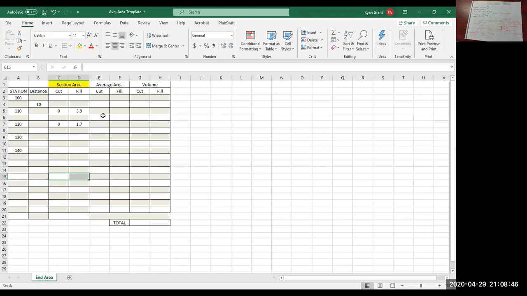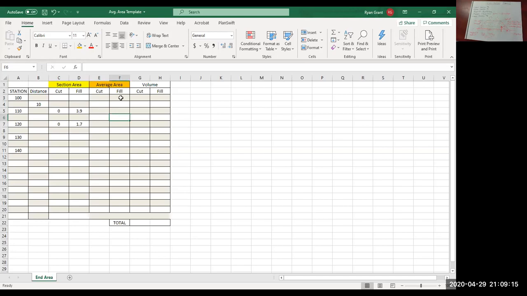So the next thing that happens, I'm going to use this row because I've only populated these four cells. This next column, I'll put a different color on it. This is your average end area. So for cut, let's go to fill.